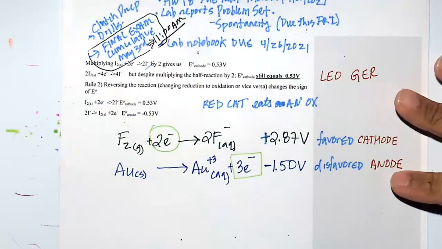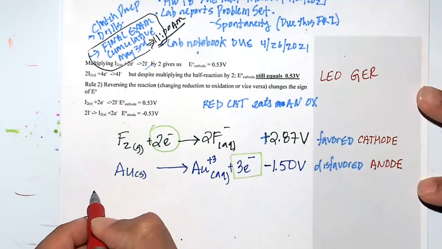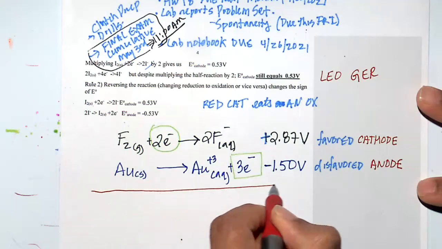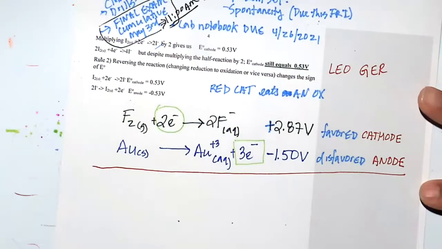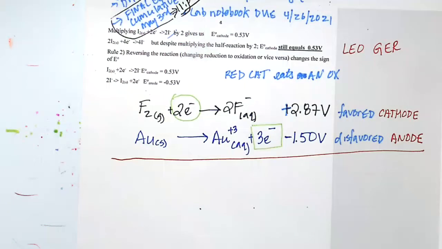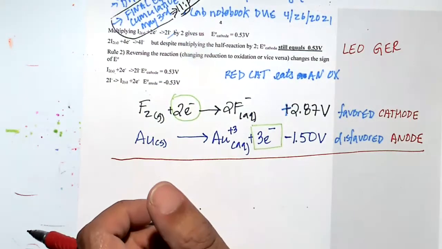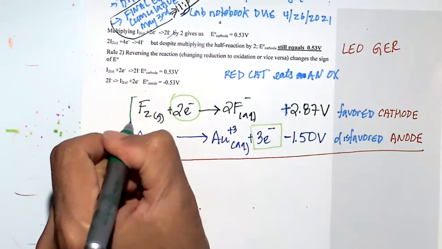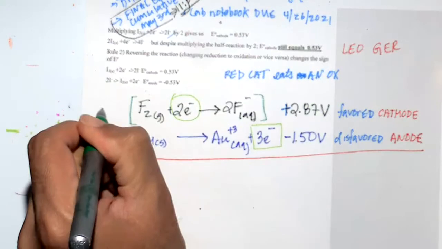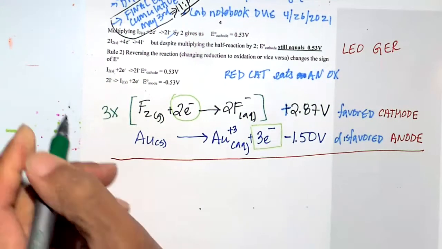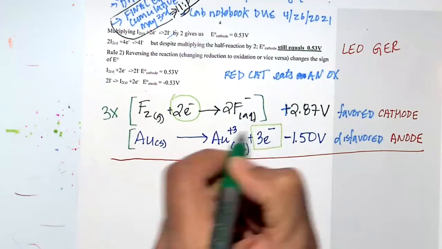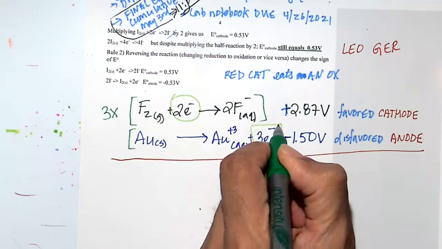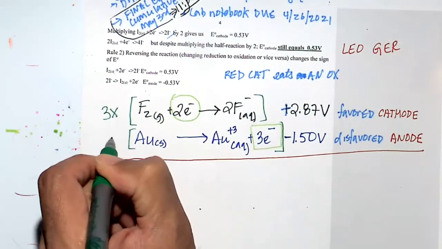Let's add them up, realizing a battery is a cathode and an anode put together. No free electrons. Get rid of those electrons. So how do you think I'll get rid of those electrons? Well, I'm going to multiply this top one by 3, and I will multiply this bottom half reaction by 2.